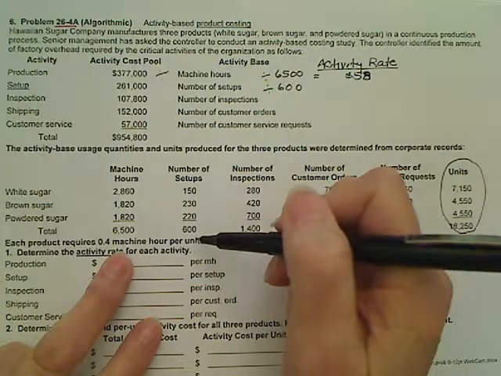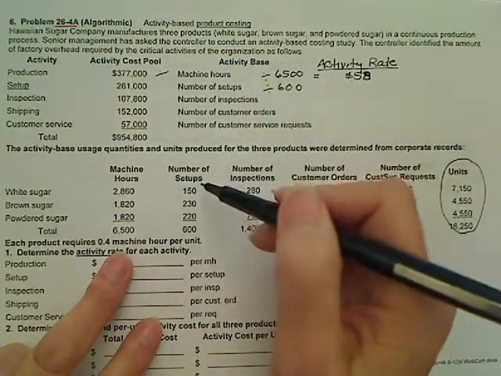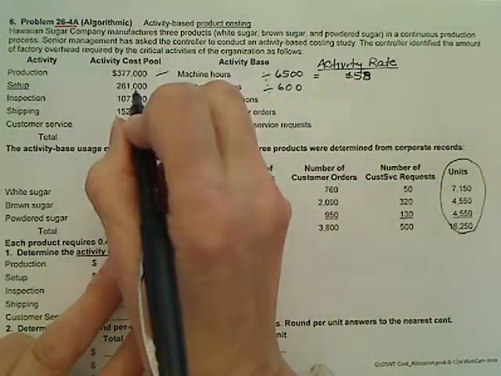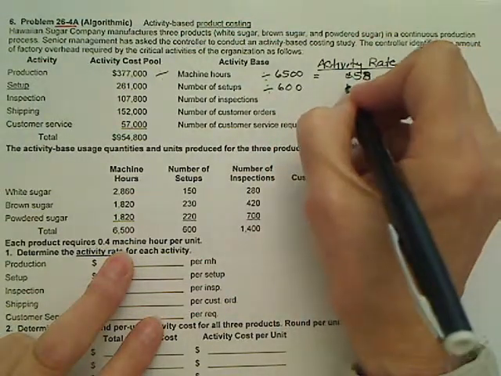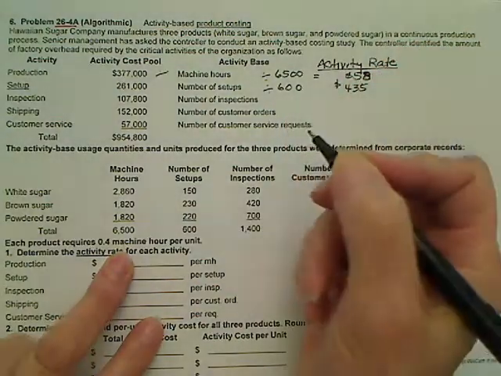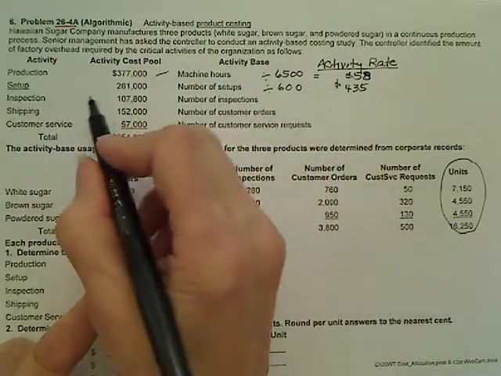So the total is 600. We're finding the overall rate, and then we'll allocate the cost based on the number of setups. So 261,000 divided by 600 is $435. Setups are more expensive than the machine hour rate.